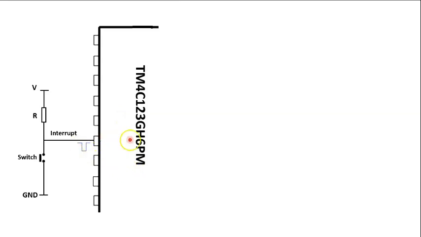Connected to this microcontroller is an external switch. This switch is used to generate an external interrupt signal, and the interrupt signal is generated when the switch is pressed and released.